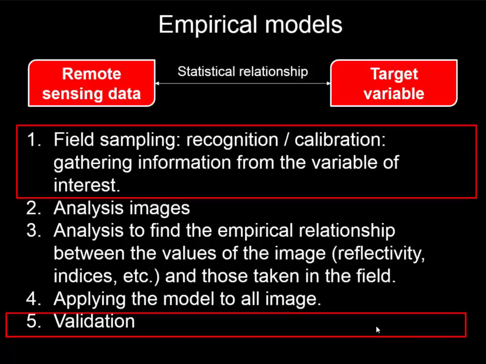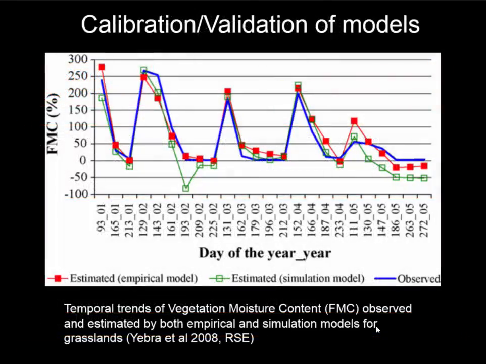Here, for example, I show you the temporal trend of vegetation moisture content, or fuel moisture content, observed and estimated by two different models, one empirical model in red and one physical model in green. And in blue, you can see the data that was measured in the field for the different dates of the year.